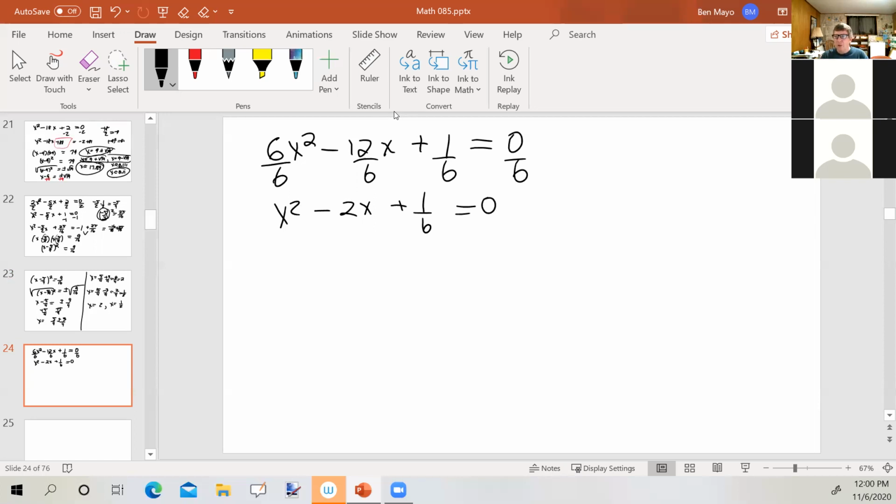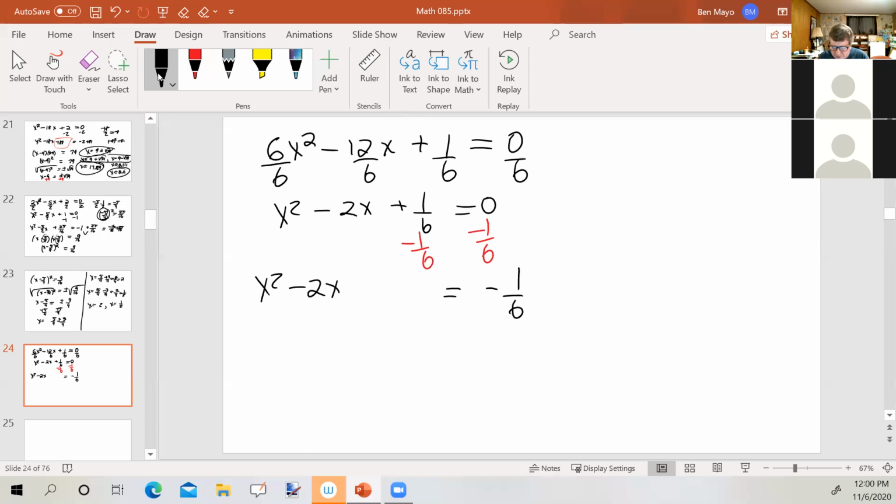So step number 1, if the leading coefficient is not a 1, turn it into a 1. Step number 2, move the constant term over to the other side of the equation. So I'll subtract 1/6 from both sides. x squared minus 2x equals negative 1/6.